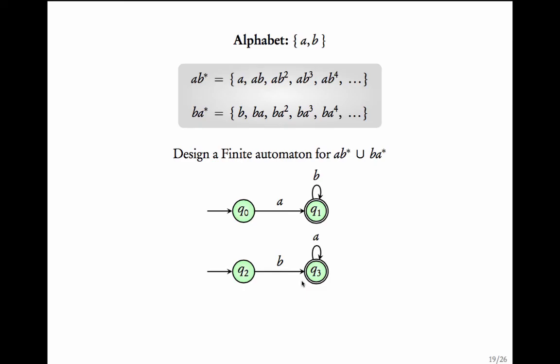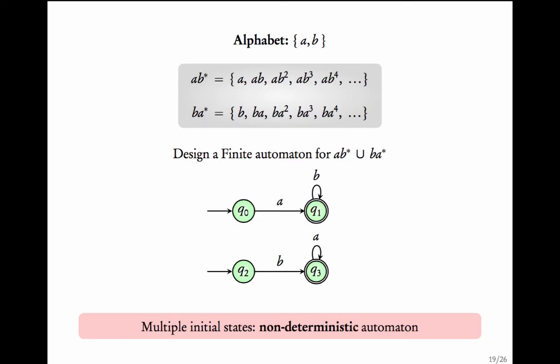If you start from here, you will read BA star. I am giving this example just to illustrate the fact that an automaton can have multiple initial states, and hence this is a non-deterministic automaton. But the point to note is that the language of this automaton is still AB star union BA star. You have a choice in the beginning itself.